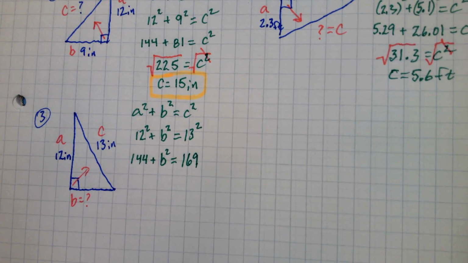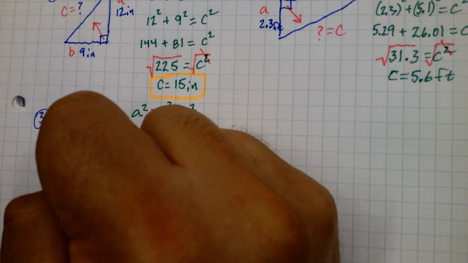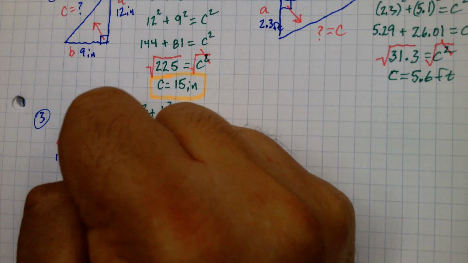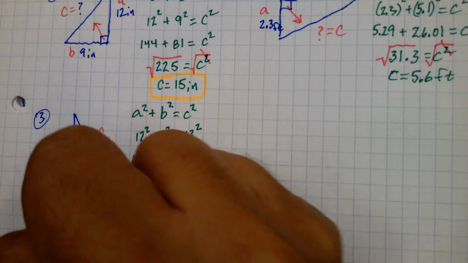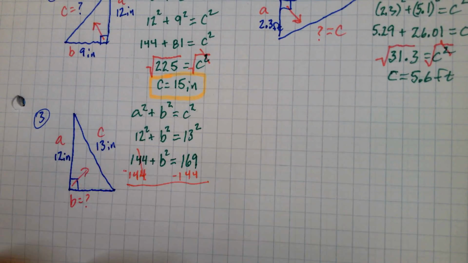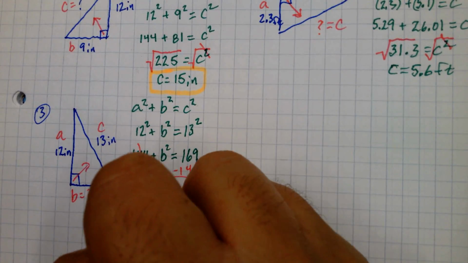Okay. So I can't add 144 with B squared. What can I do? Subtract away the 144. Yeah. It's just solving a very simple equation. So in that case, it leaves B squared all by its lonesome.